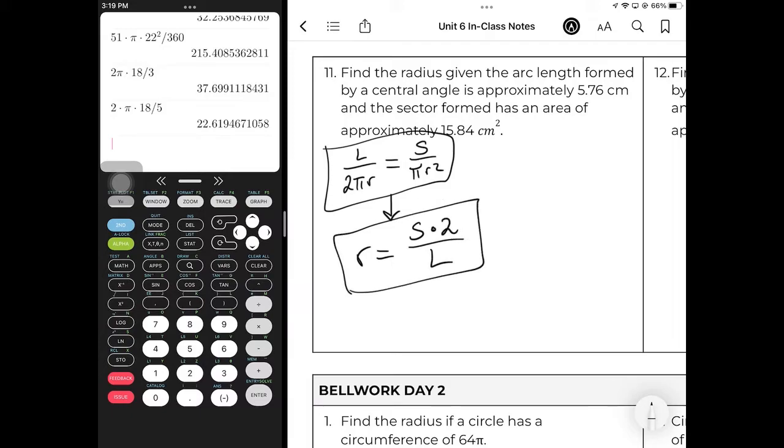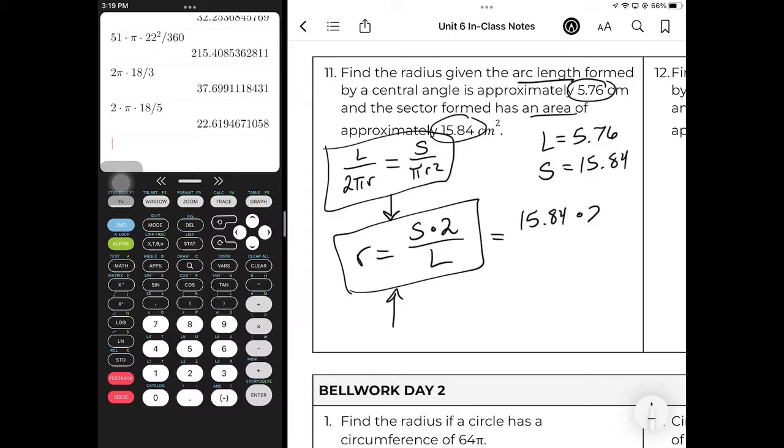That formula is going to help me with this problem because I'm giving you the arc length, 5.76, and the sector area, 15.84. Well, I can plug those in for S and L here. The S is 15.84. I'm going to multiply that by 2 and divide by the arc length, 5.76. So when I do that, I get my radius of 5.5.